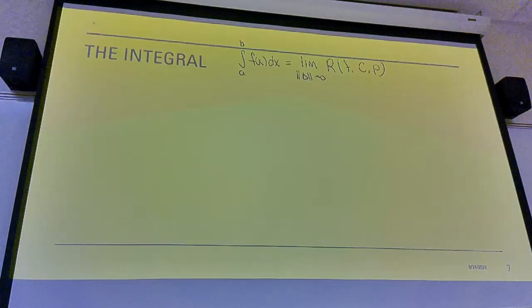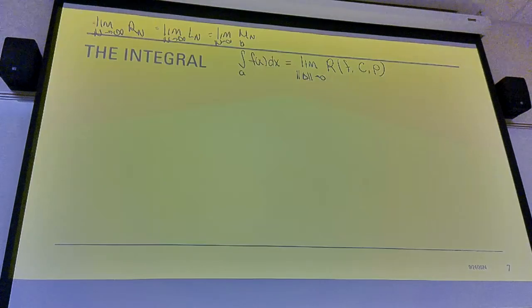You may have seen it like this. Limit of n goes to infinity of R sub n, or L sub n or M sub n. Those are the three Riemann sums that are usually studied in Calc 1.